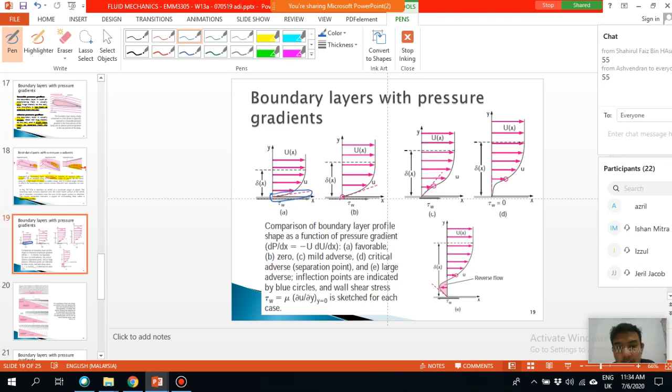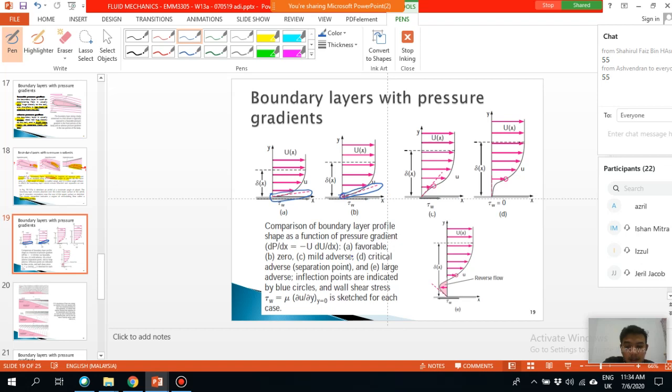When the pressure gradient is zero, it means it started from zero. The pressure gradient will then be a little bit increased, so the flow of the boundary layer will be increased.